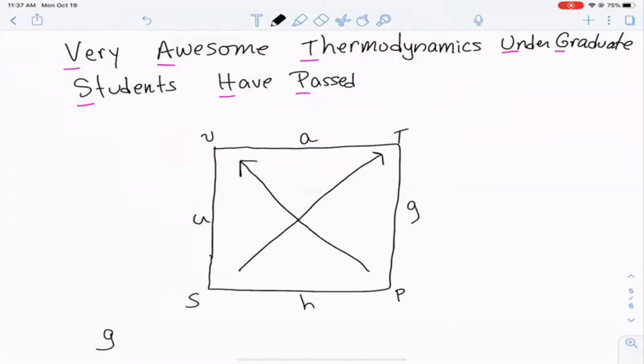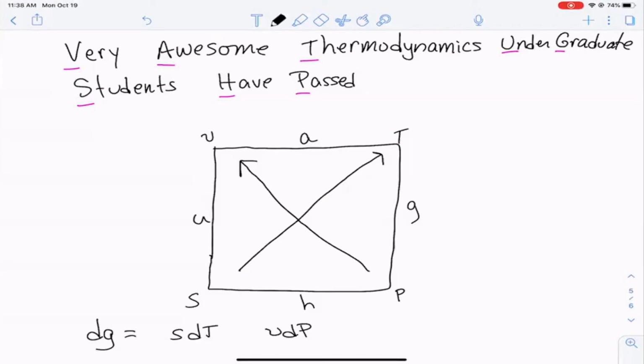So the first thing that I do is I write dG is equal to, well, I know since they're on the same side of the square that there's going to be dT and dP. And you know that in all the differentials, S and T are linked and V and P are linked. So now the only thing that I do afterwards is I look where the arrow is pointing.